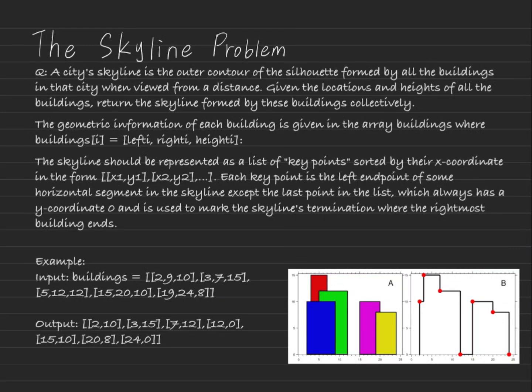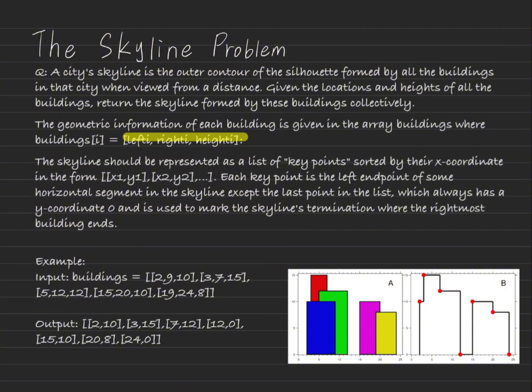A city skyline is the outer contour of the silhouette formed by all the buildings in that city when viewed from a distance. Given the location and heights of all the buildings, return the skyline formed by these buildings collectively. The geometric information of each building is given in an array buildings, where each element has 3 fields: left, right, and height.